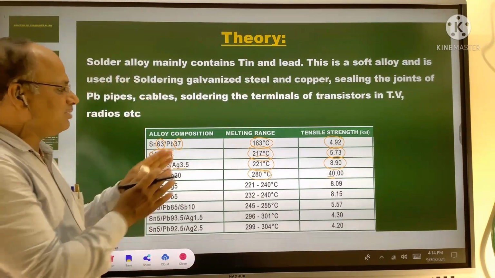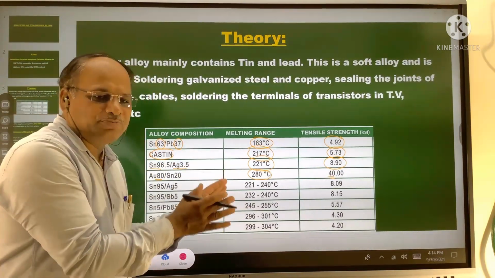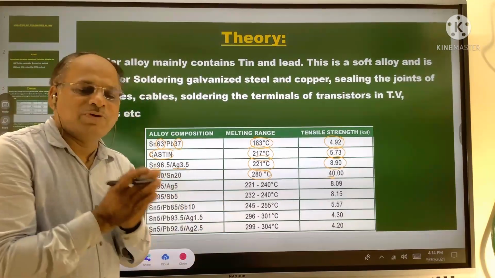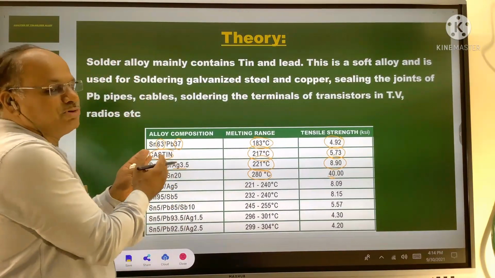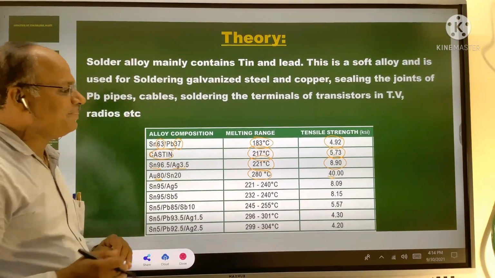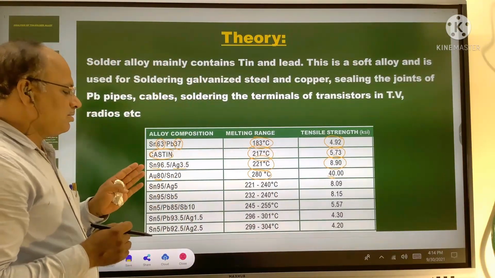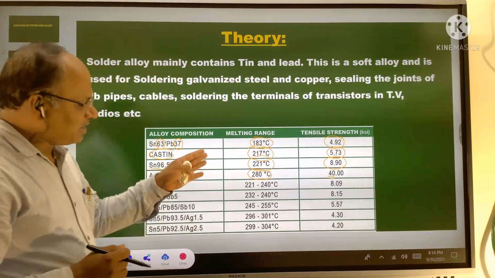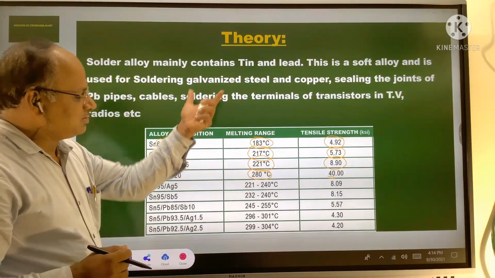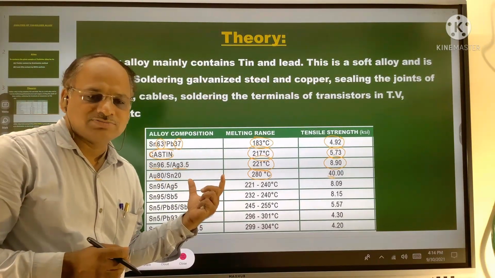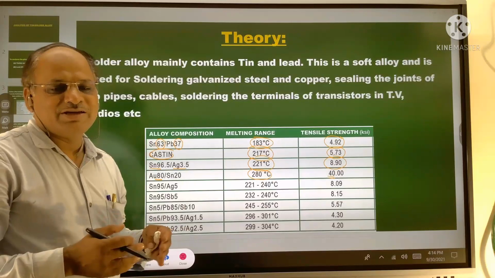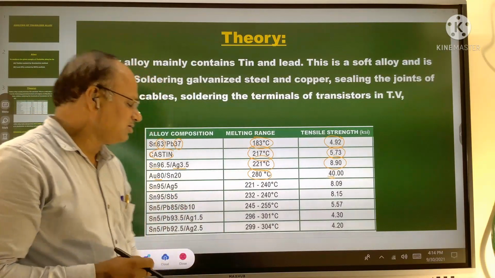Means here melting point of that alloys depends upon the composition of that solder alloy and the strength is also dependent, and therefore the use of that solder alloys is different in different fields.